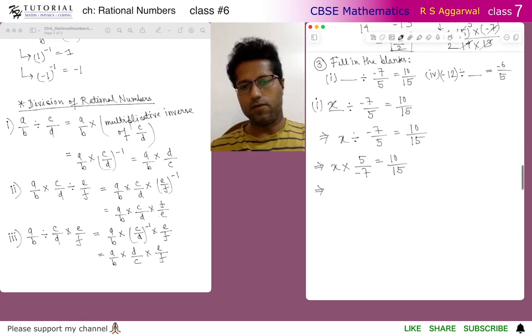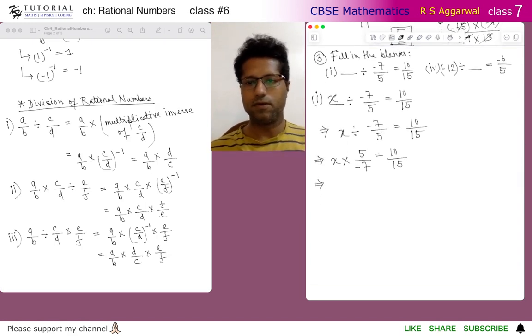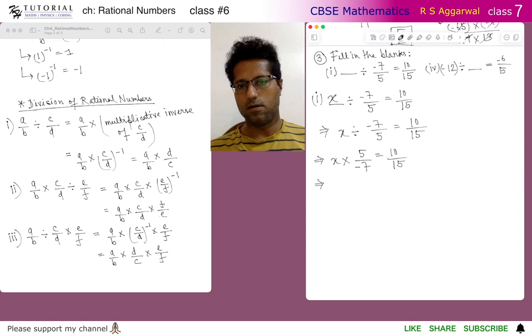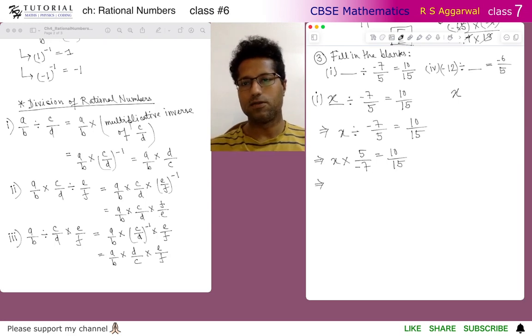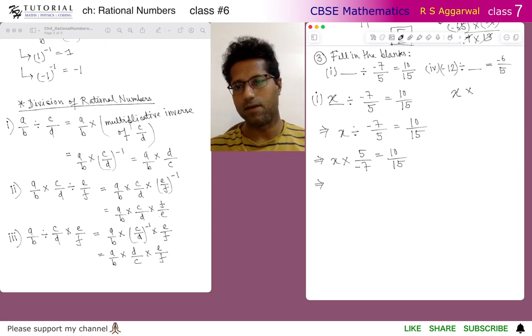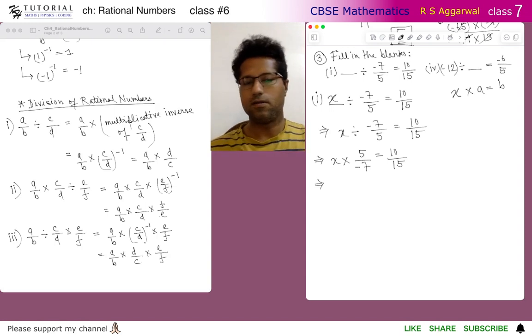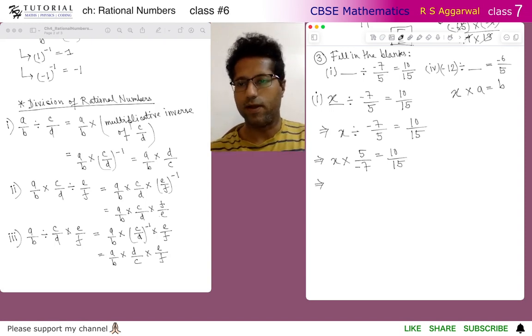So when you have this kind of mathematical problem where you have an unknown, you have to find x, and the statement is that x multiplied by a gives b, where a and b are some given numbers, and you have to find x.